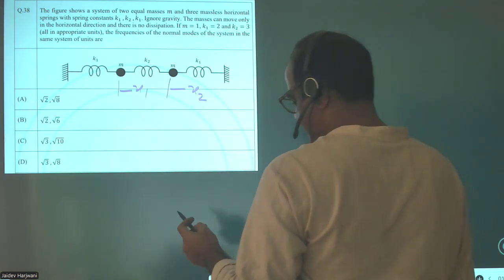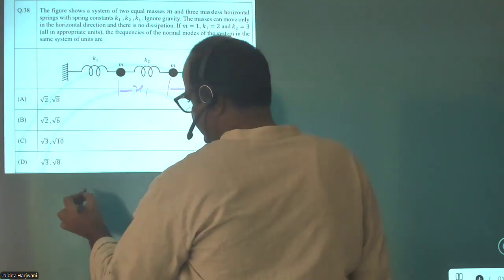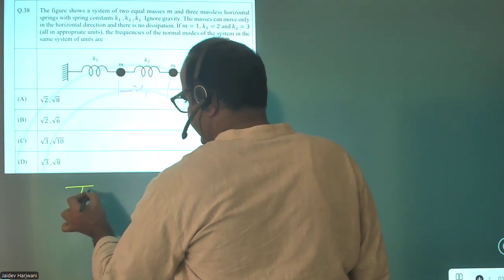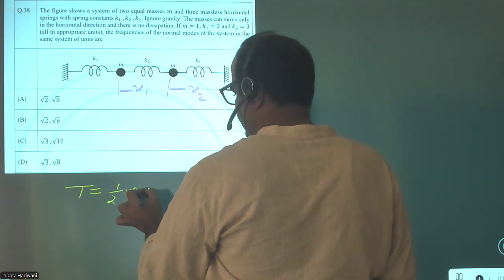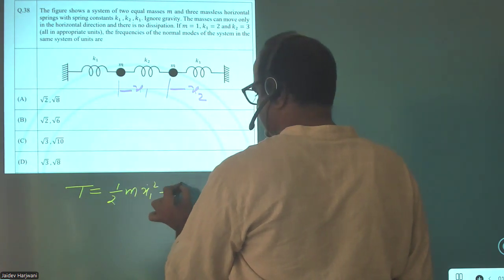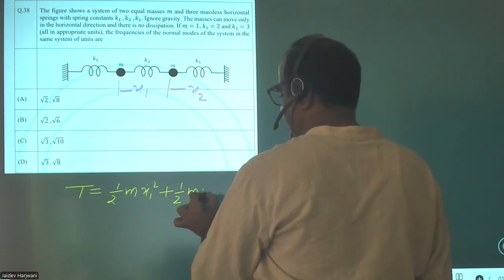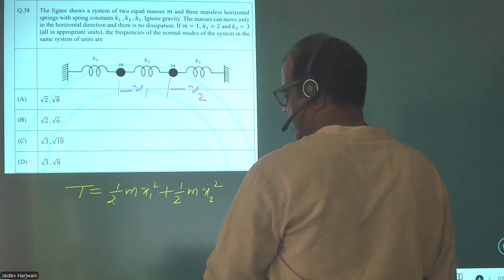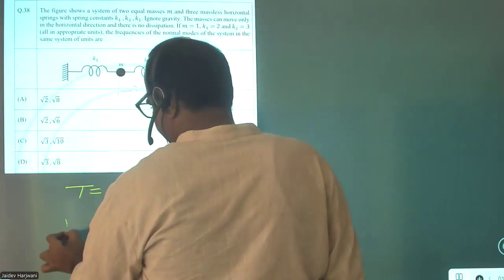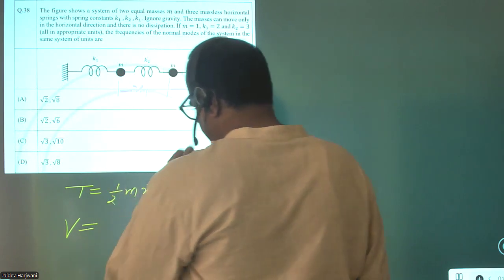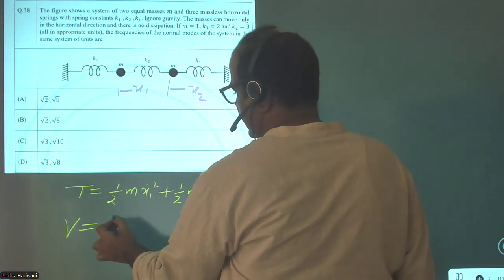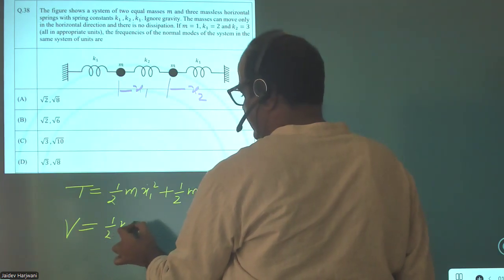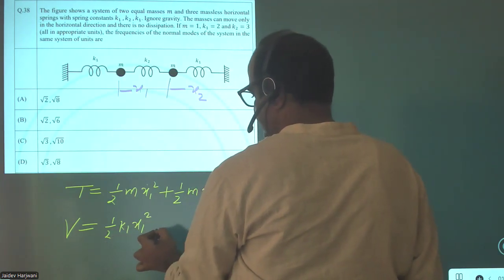So I can write now the kinetic energy T, which will be half m x1 dot square plus half m x2 dot square. Similarly, if I write the potential energy, what will it be? For this spring it will be half k1 x1 square.